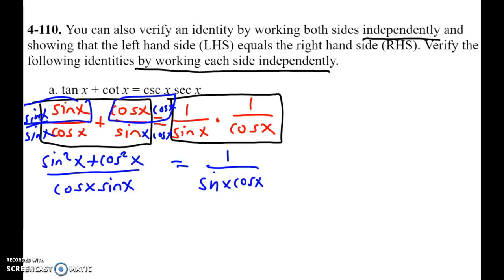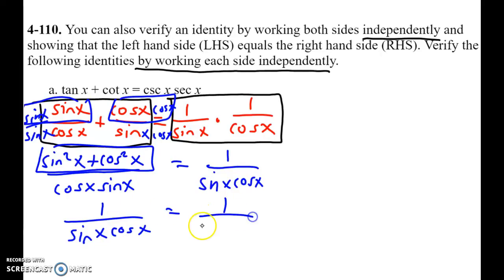Okay. I'm going to claim done because I know that sine squared x plus cosine squared x can be replaced with a 1. So I've got 1 over, and just to make them look exactly identical, I'm going to switch the order here. Done.